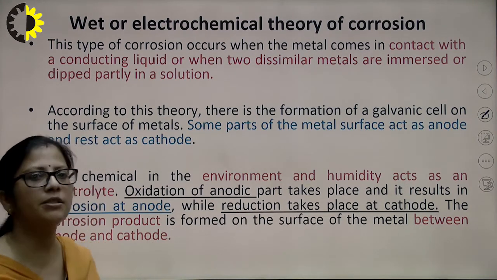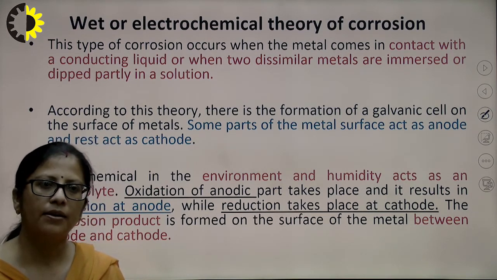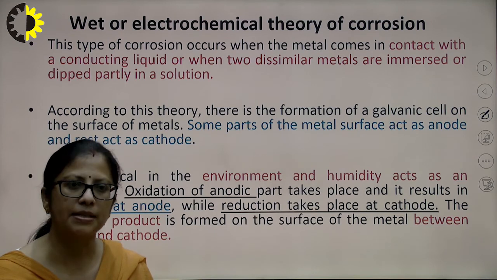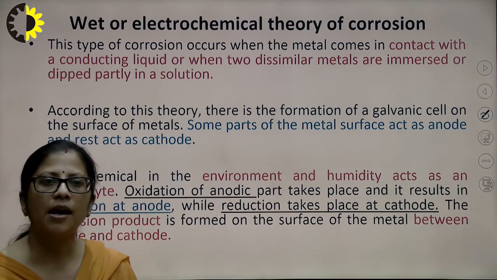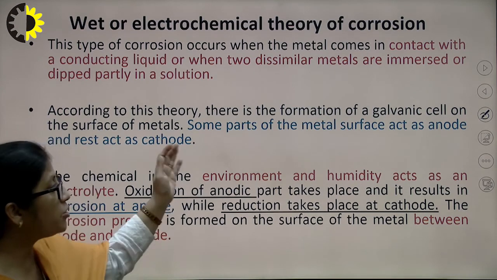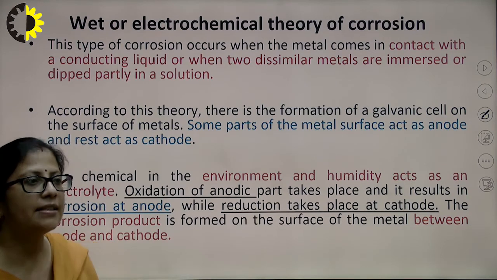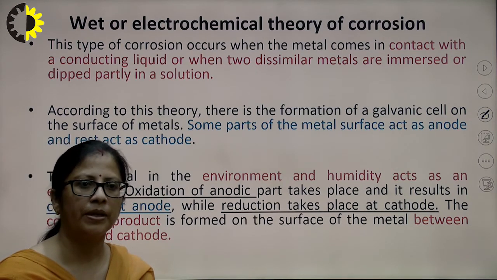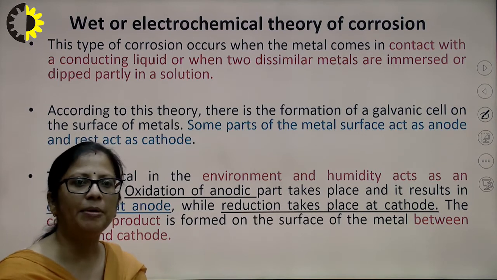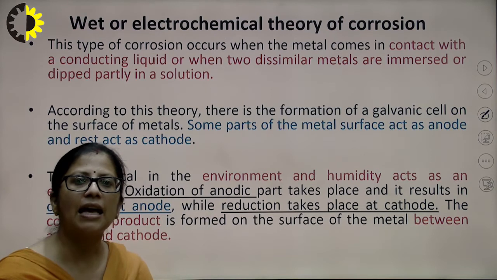According to this theory, there is the formation of a galvanic cell on the surface of the metal. So, small short-circuited galvanic cells are formed. Some parts of the metal surface act as anode, whereas the rest acts as cathode. The chemicals in the environment and humidity act as an electrolyte.